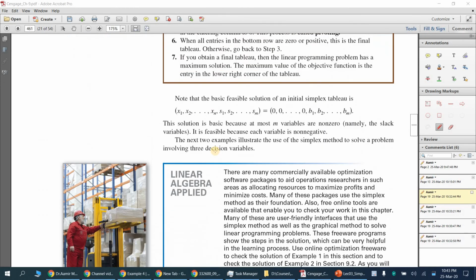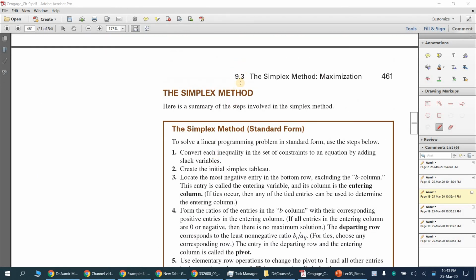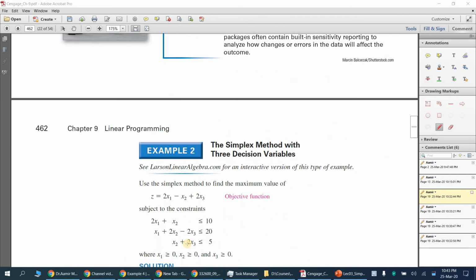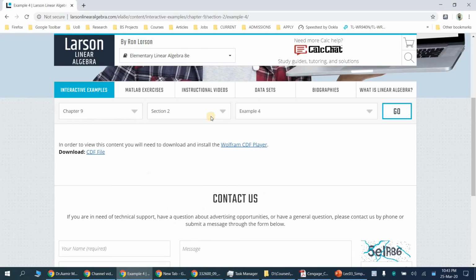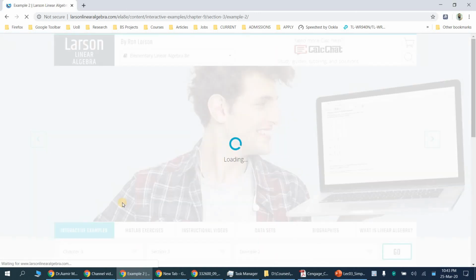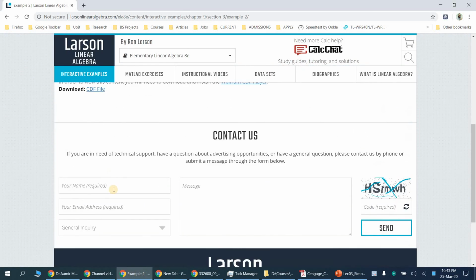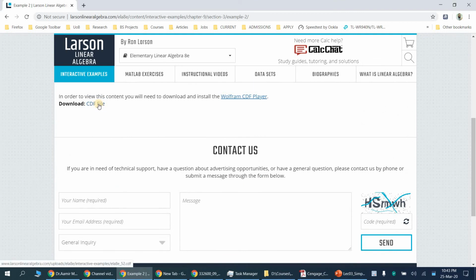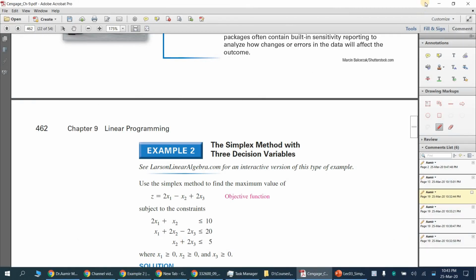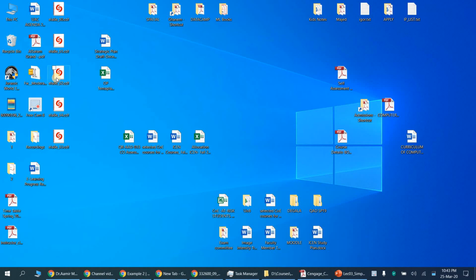So it is, for example, which section? 9.3 example number 2. So section 3 example 2. File, this is 52. So I have already downloaded it, 52.